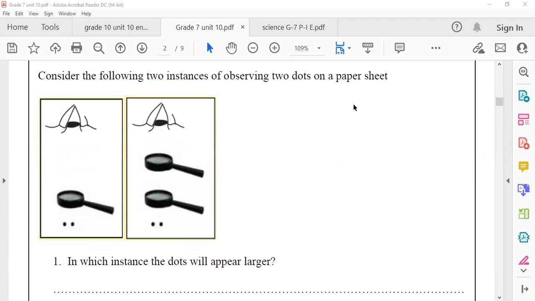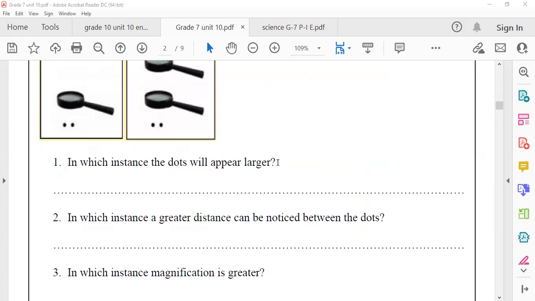Okay. Look at this one. In the first case, they are using one convex lens. In the second one, they are using how many convex lenses? 2 convex lenses. The first question to you is, in which instance the dots will appear larger? While using 2 convex lenses. Correct?